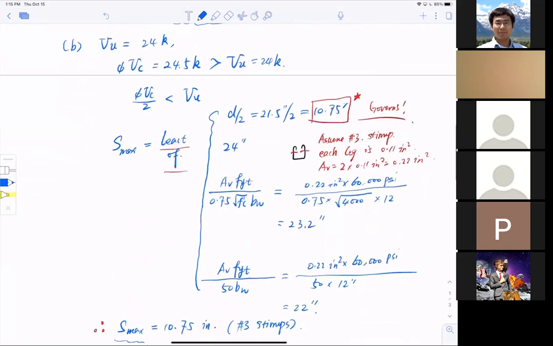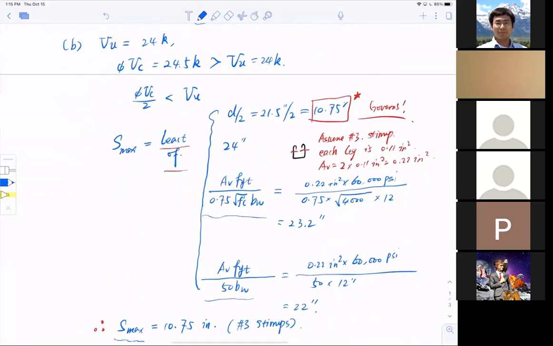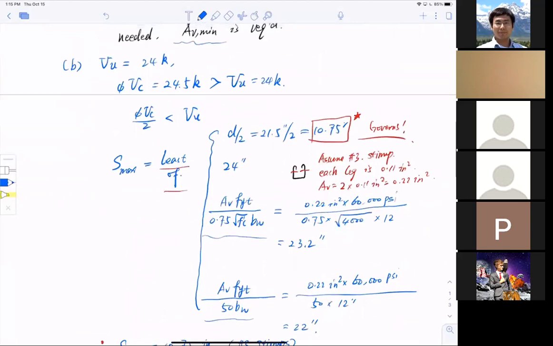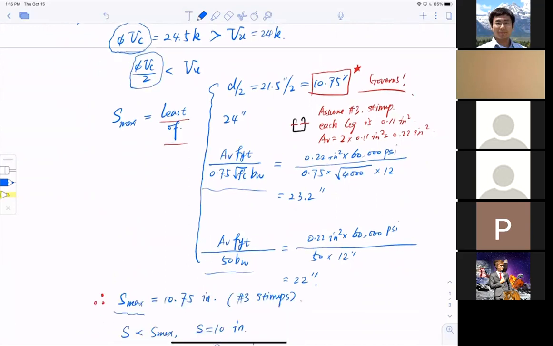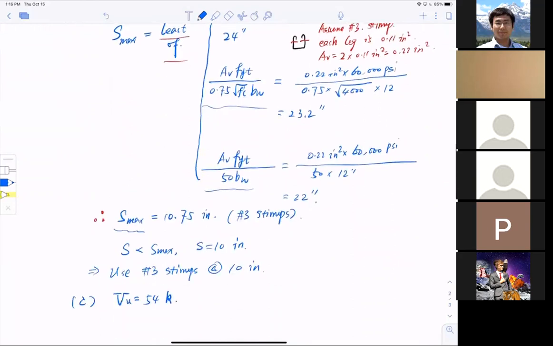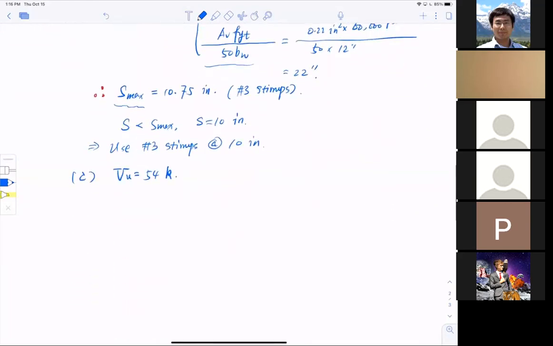Matter of fact, it has to be compared to these two values, but they are easily satisfied. But for Vu of 24 kips, although the concrete part alone is larger than the required shear, half of it is not. So you have to consider four different spacings. And for Vu of 54 kips, things are a little bit different.